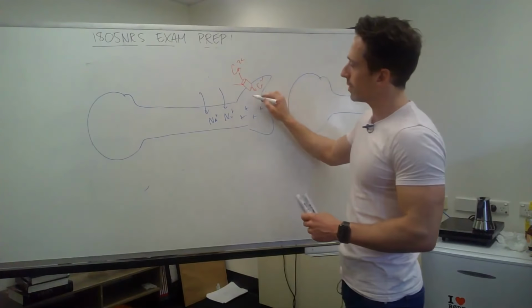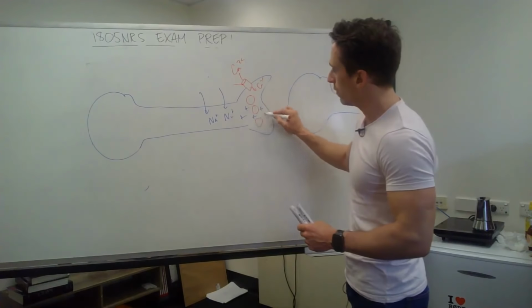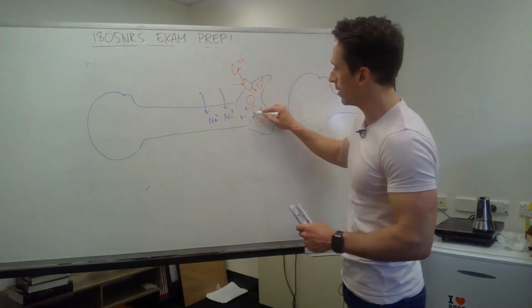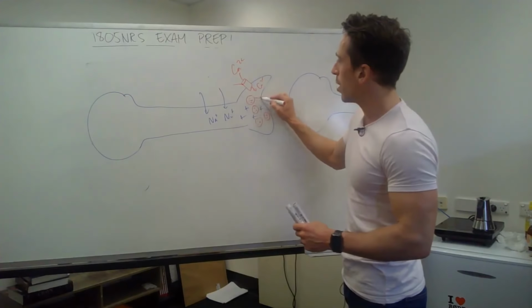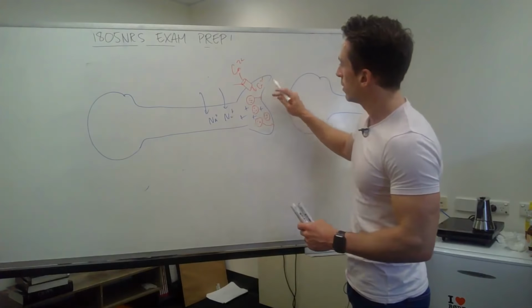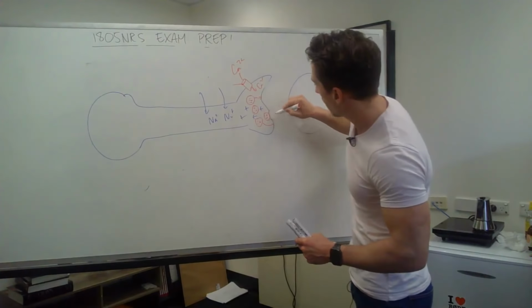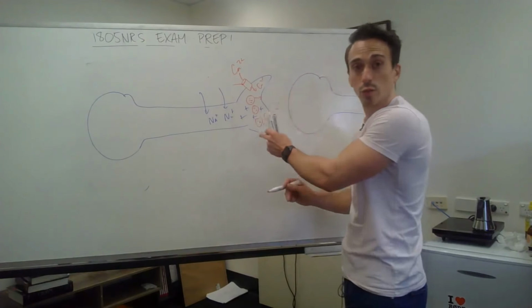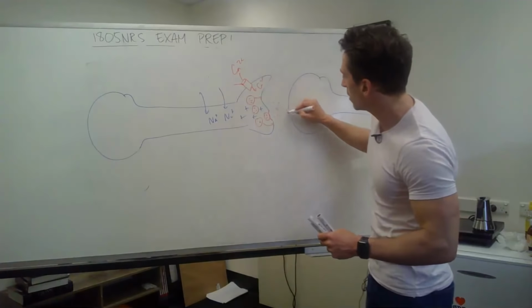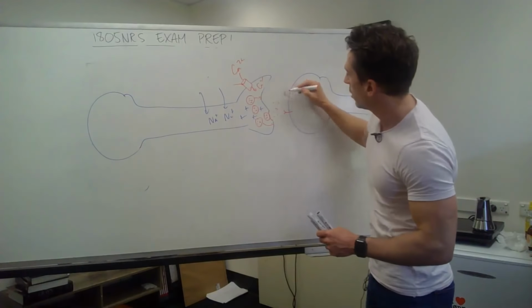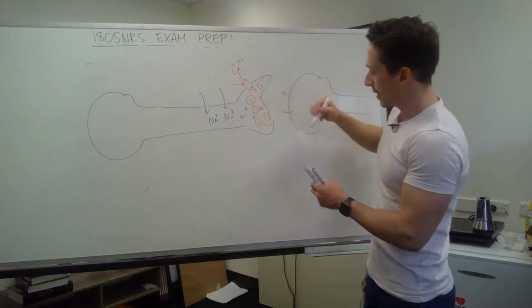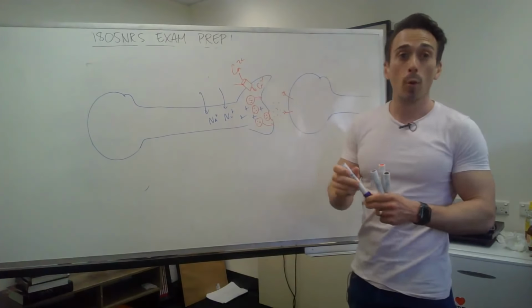This then triggers the release of small vesicles that contain neurotransmitters. They bind to the axon terminals, bud off and release their contents, and they diffuse across the synapse and bind to their receptors on the other side. When they bind to their receptors, that leads to the opening of more sodium channels.